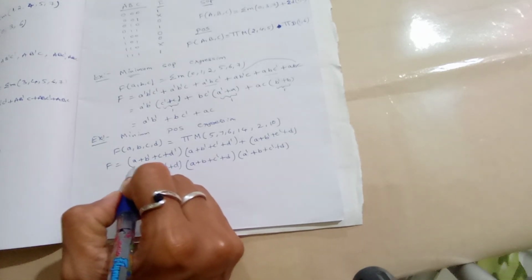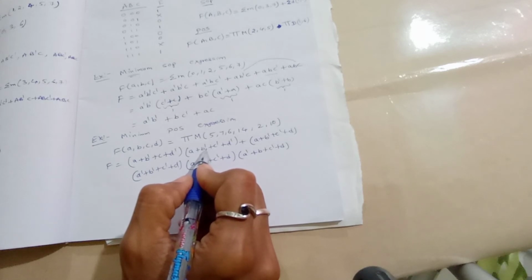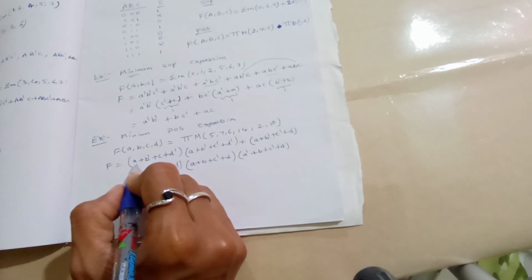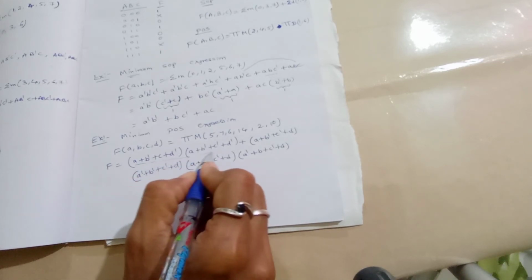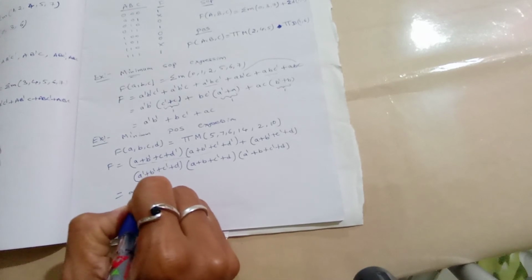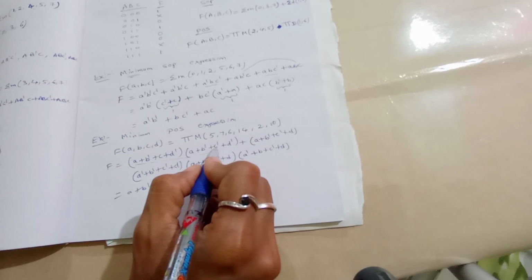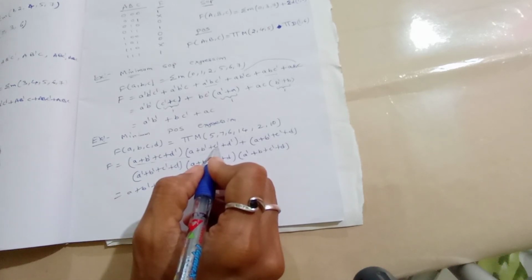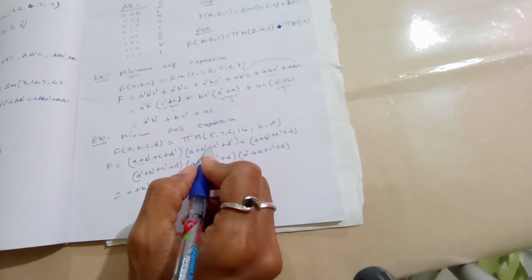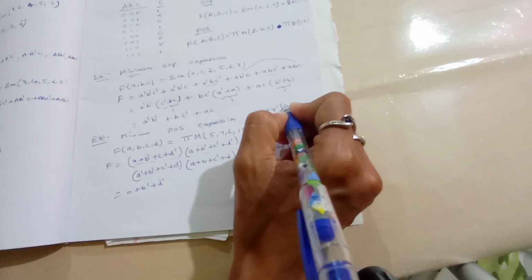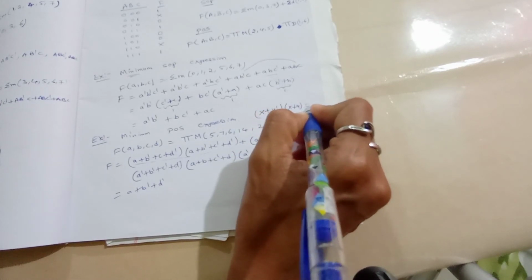From these 2 we can take A plus B bar plus D bar common, and C into C bar becomes eliminated using the theorem x plus y bar into x plus y becomes x.